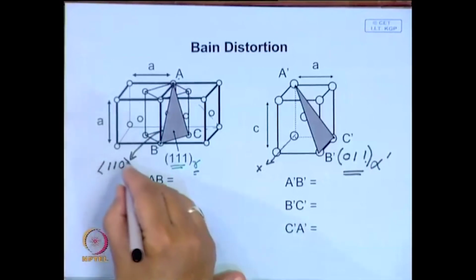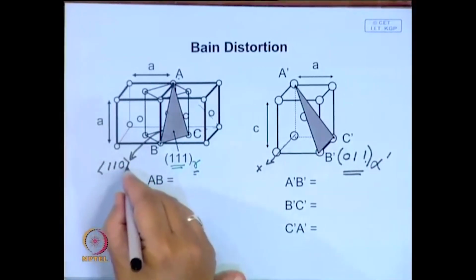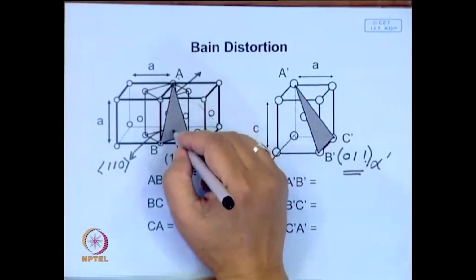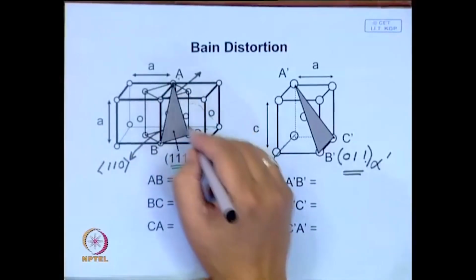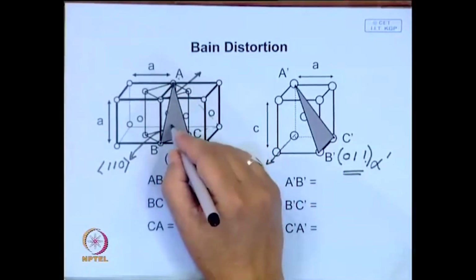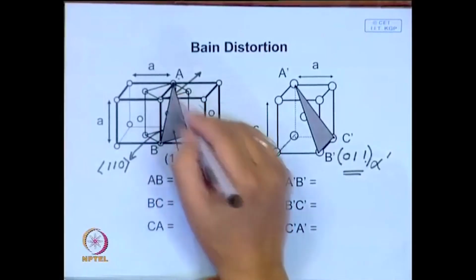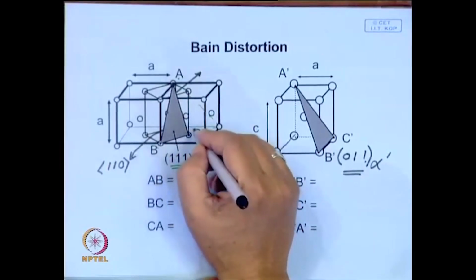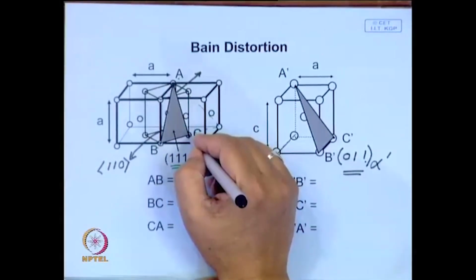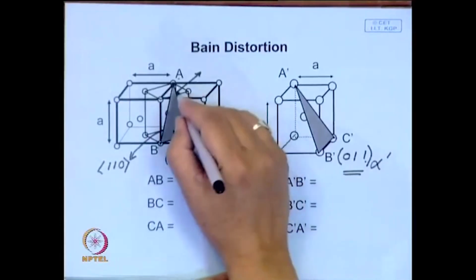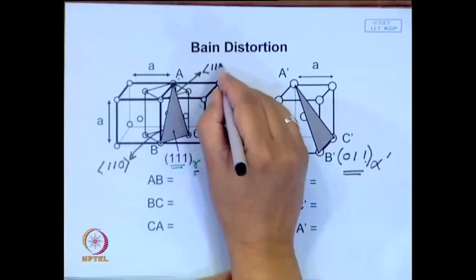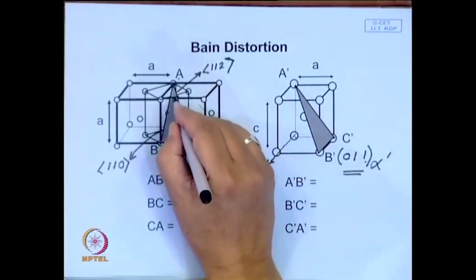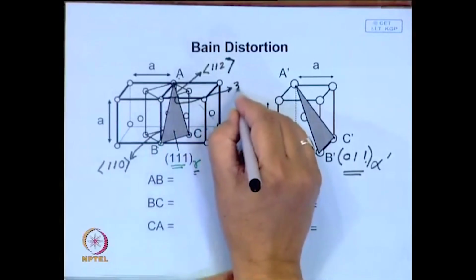But this will be a direction of 1-1-0 type, whereas this will be a direction, this is two places, see half unit along, say to reach from here to here, you move 2 units along z axis, half along y, half along x axis. So, this particular one is a 1-1-2 type direction, and if you try and find out, this angle will come out to be around 30 degree.